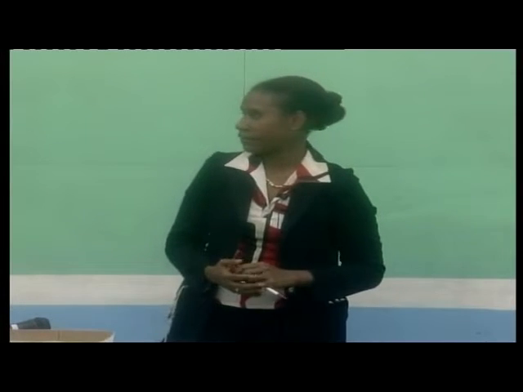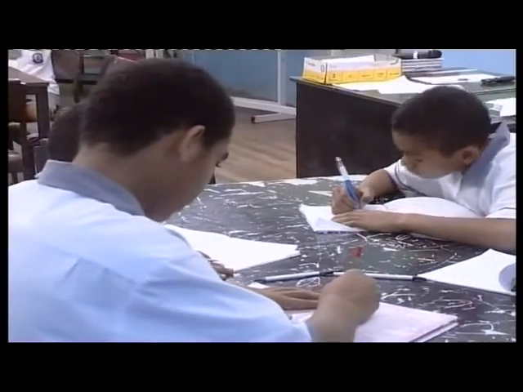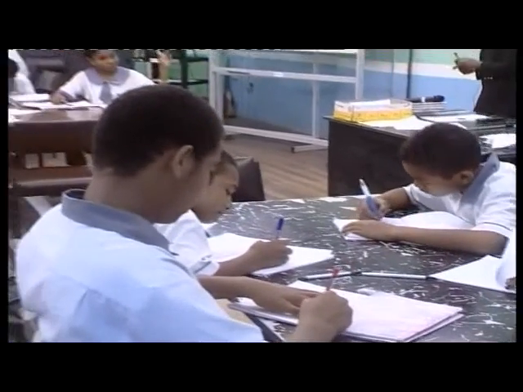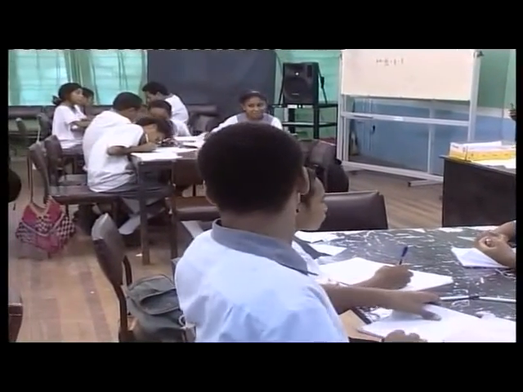The other 2, I will collect your books and I will check it for myself. So I'd like a volunteer this time, maybe a girl, to come up and show her working out on the board. Okay, let's have Samantha.